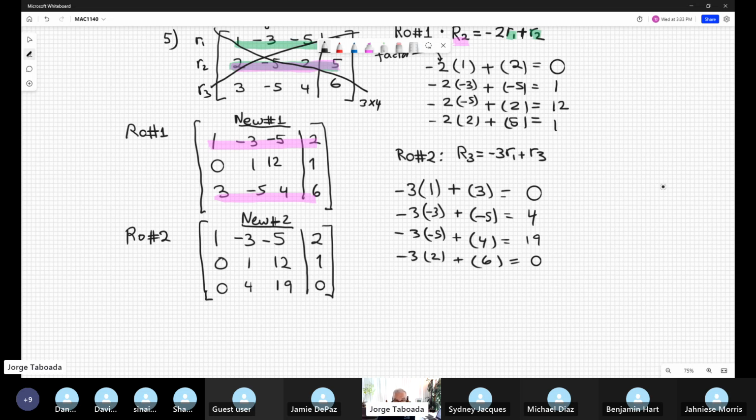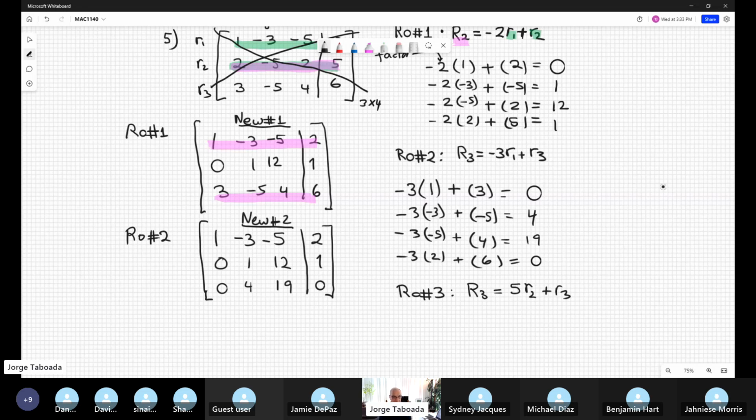Okay, let's do row operation number 3. I want to copy the equation that's given: 5 R2 plus R3. But I forgot something important: the row storage, R3. Doesn't matter the order. So R3 equals 5 times, the factor of 5, the row pivot was 2, and the row storage is 3.